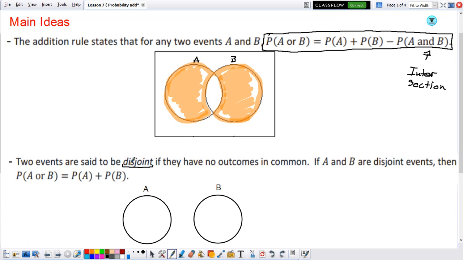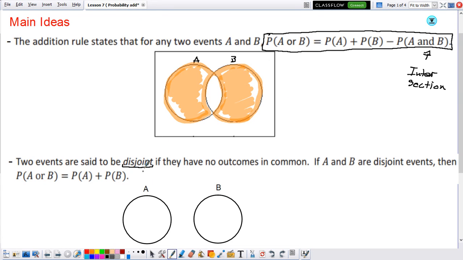All you have to do is add the probabilities. If it says disjoint, then we just add the probabilities. If they don't say disjoint, then most likely it's always going to be this formula.